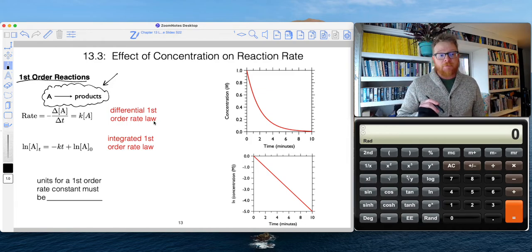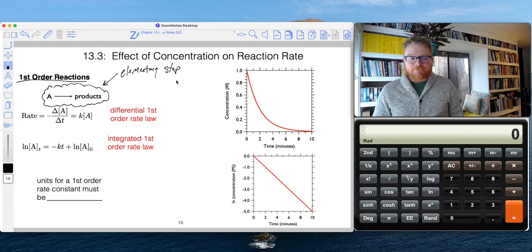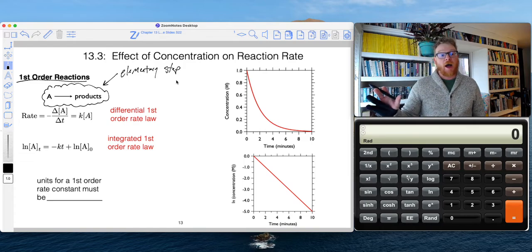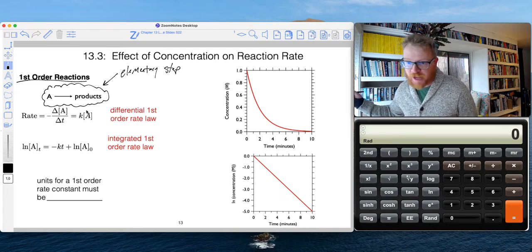But all the same, if we're going to say this is a first order reaction, that means that for one, this has to be what we would call an elementary step, meaning that might not be the total reaction, right? We don't know what's going on with the products. Perhaps the products can go on and continue to react.